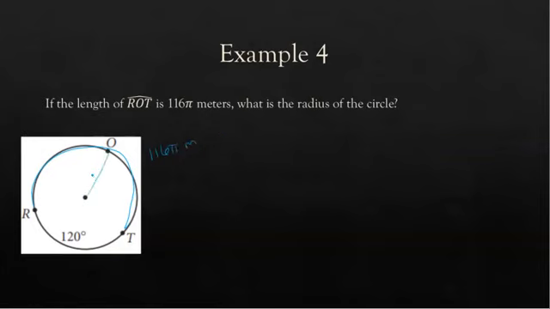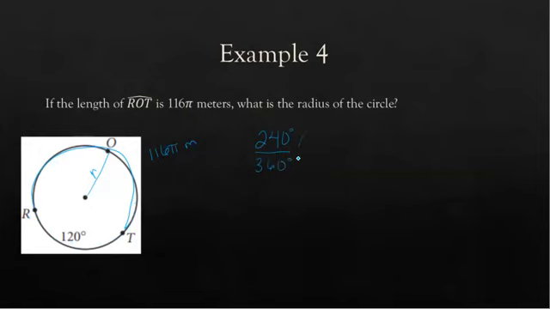So we're looking for the radius. We're going to have to work backwards. We know that the minor arc is 120, so the major arc has to be 360 minus 120, or 240 degrees. So we know that the fraction of the arc that we're working with is 240 over 360.